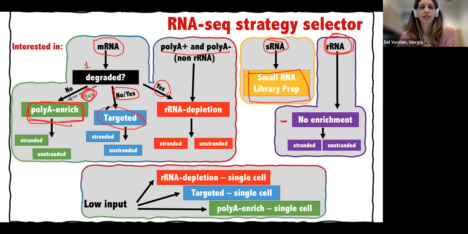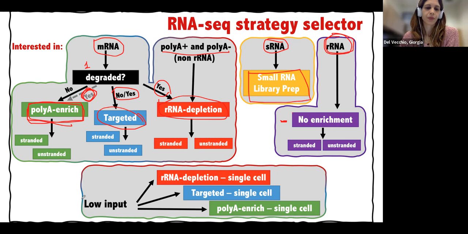So you cannot use a targeted approach because this is for exons. So it's just for messenger RNA. So you have to use a ribosomal RNA depletion approach. So you can remove the ribosomal, that's the most abundant RNA, and then proceed with a stranded or unstranded RNA library prep.